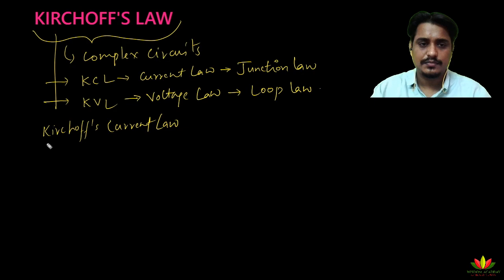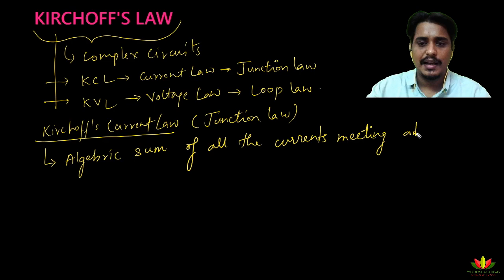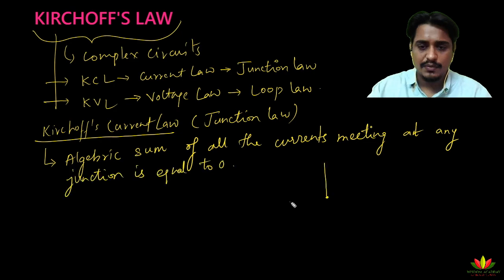The statement says that the algebraic sum of all the currents meeting at any junction is equal to 0. That means at a junction, the algebraic sum of whatever current is coming will always be equal to 0.